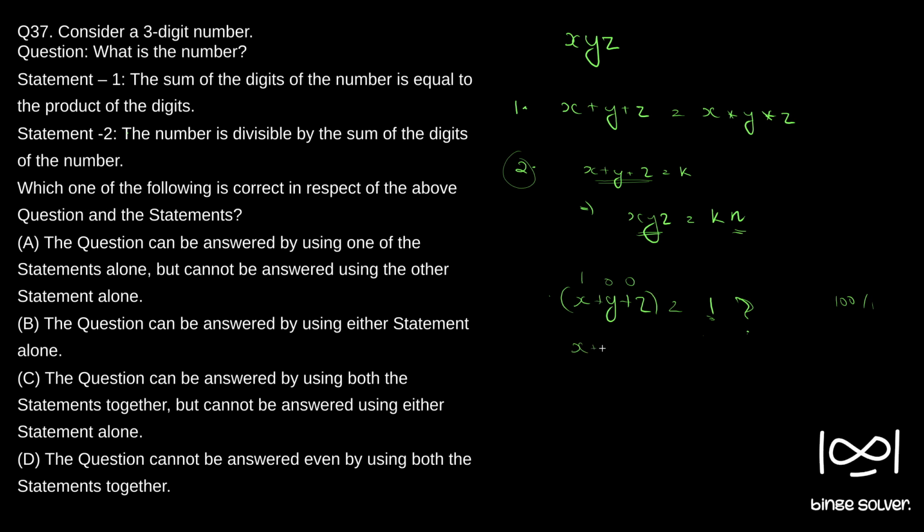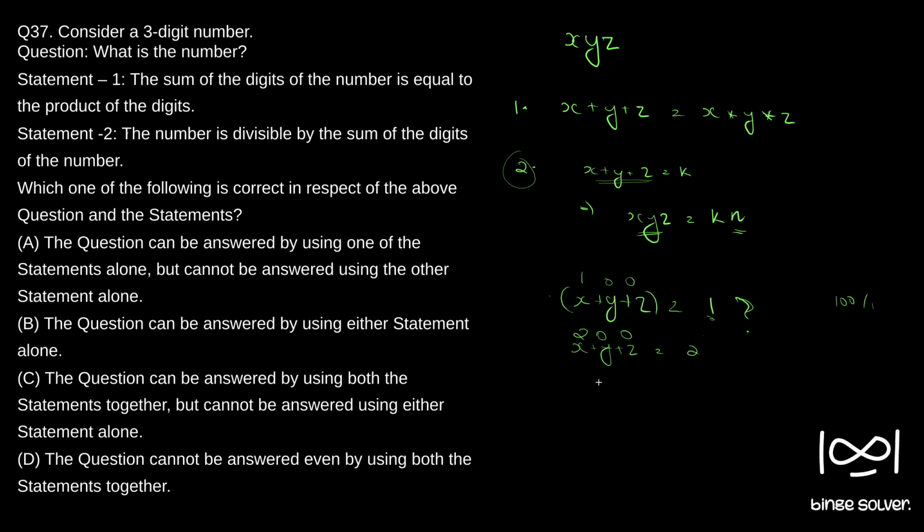Now let's think about the second case, where the sum is equal to 2. In this case there are multiple candidates, but 200 is one possibility. 200 is divisible by 2. 101 is not divisible by 2.